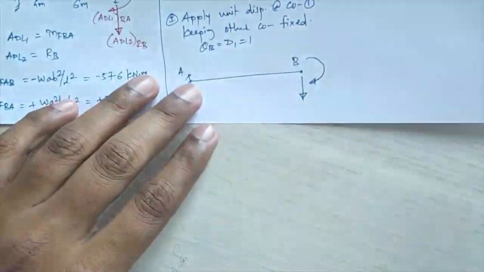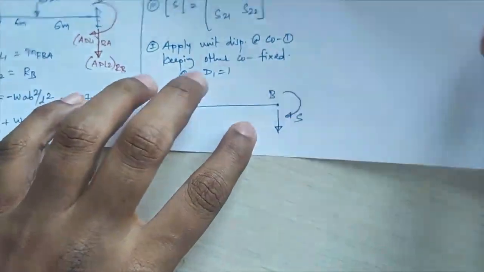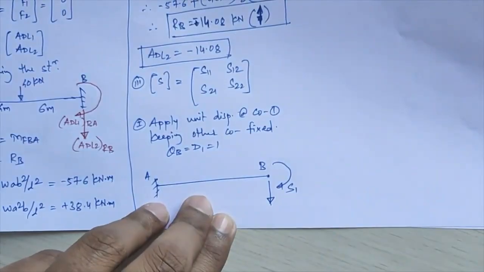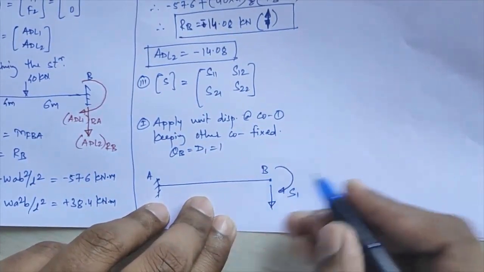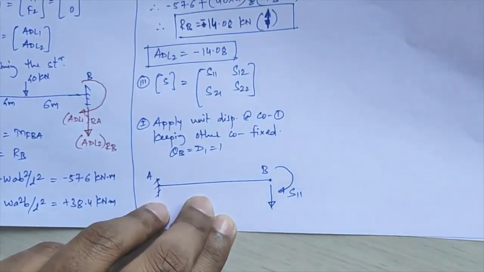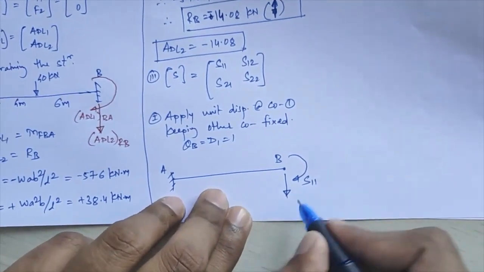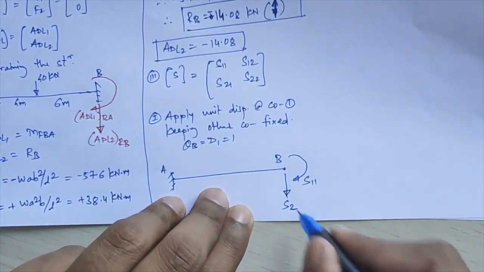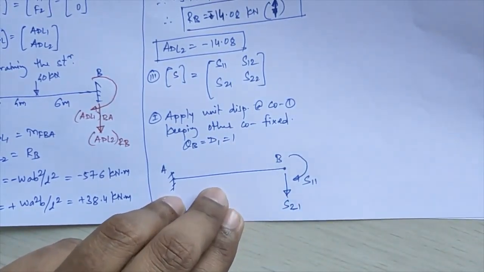Okay, so this will be having S of, that is for a moment, S of stiffness at your first coordinate B when unit displacement is applied for your first coordinate itself, and this will become stiffness you are calculating for second coordinate when unit displacement is applied at your first coordinate.